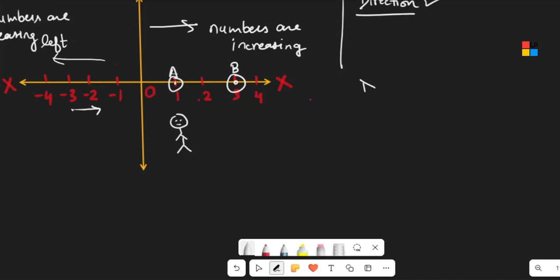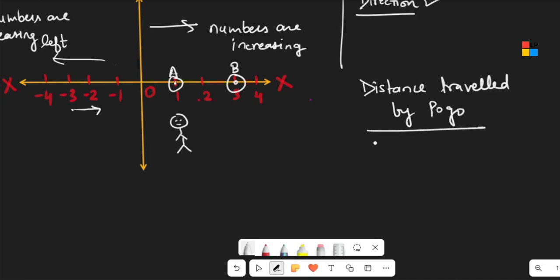So I am writing here distance traveled by Pogo. So it's so simple, from 1 to 3. Whenever we measure, we'll measure from the origin. So this is 3 units. The final destination is B, 3 units minus.